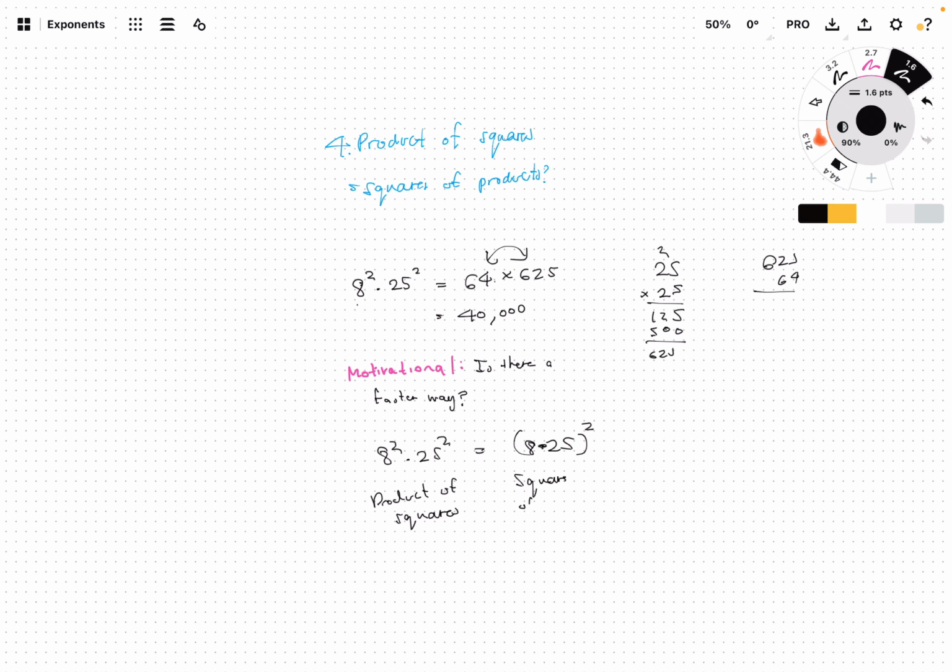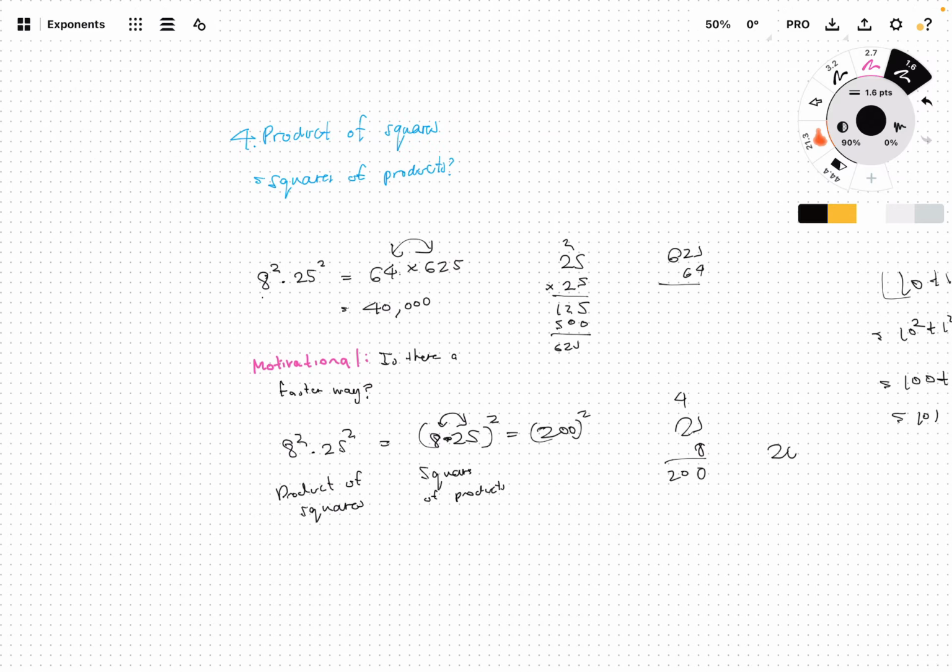Now, why is this faster? Take a look. 8 times 25 is 25 times 8. It's 200. It's 200 squared. And what's 200 squared?